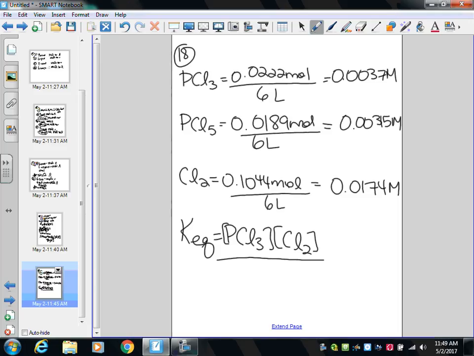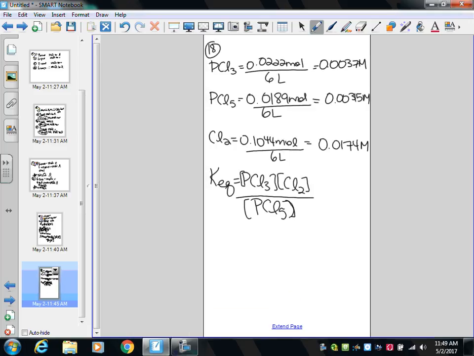Okay, what should be at the bottom? So we just did what we normally do. They're all gases, so I can put them all in there. There's no exponents because they're all ones.